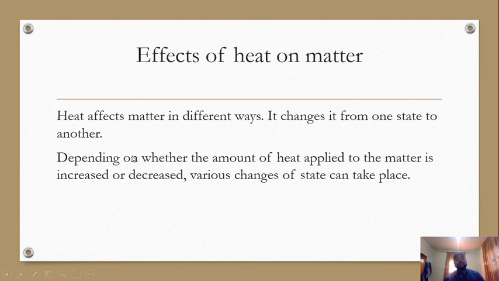Depending on whether the amount of heat applied to the matter is increased or decreased, various changes of state can take place. If you give more heat, it will change in certain ways. If you take away some heat or decrease the heat you give, like freezing, it will also change in certain ways, right?